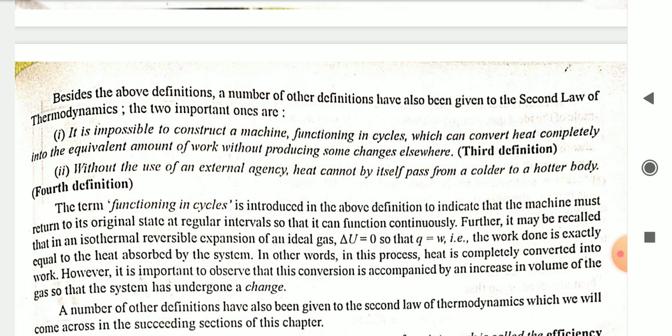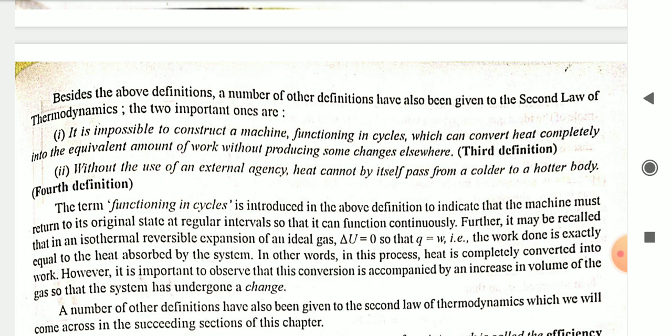For definition, the term functioning in a cycle is introduced in the above definition to indicate that a machine must return to its original state at regular intervals so that it can function continuously. Further, it may be recalled that in an isothermal reversible expansion of an ideal gas, ΔU is equal to 0, so that Q is equal to W. Example, the work done is exactly equal to the heat absorbed by the system.